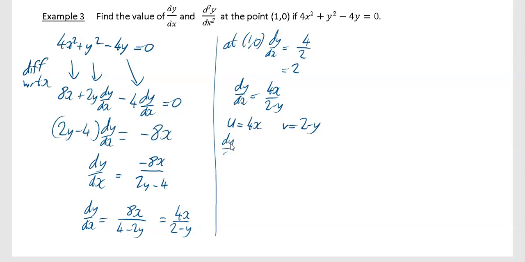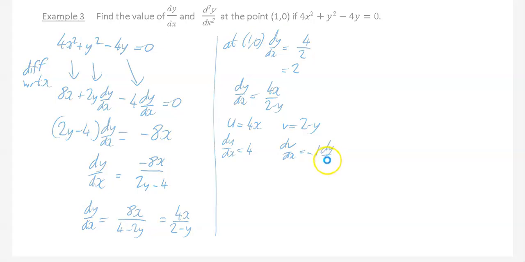So du by dx is going to be equal to 4, and dv by dx is going to be equal to minus 1 dy by dx.